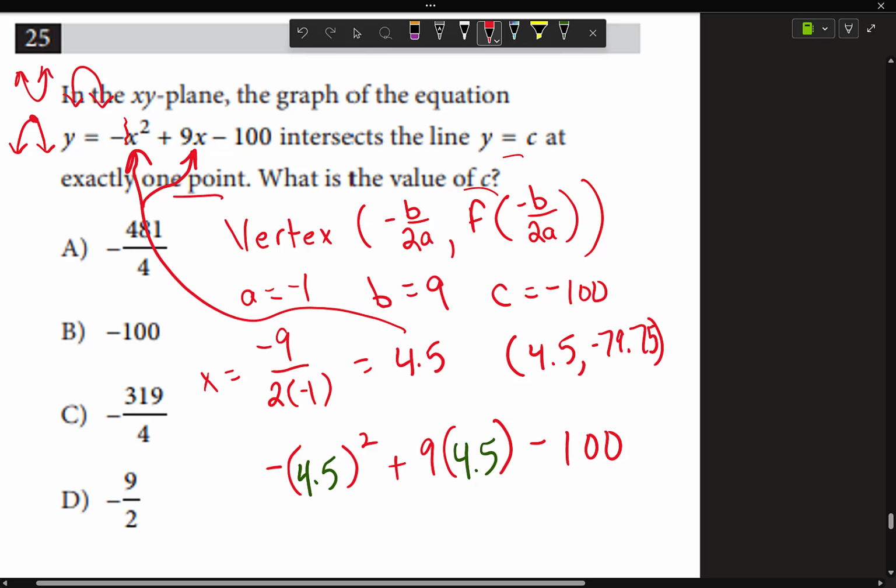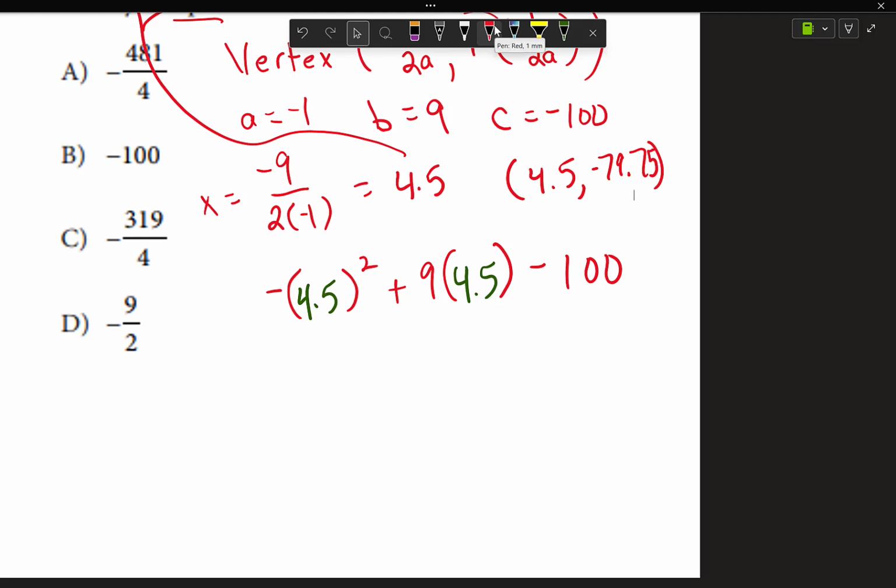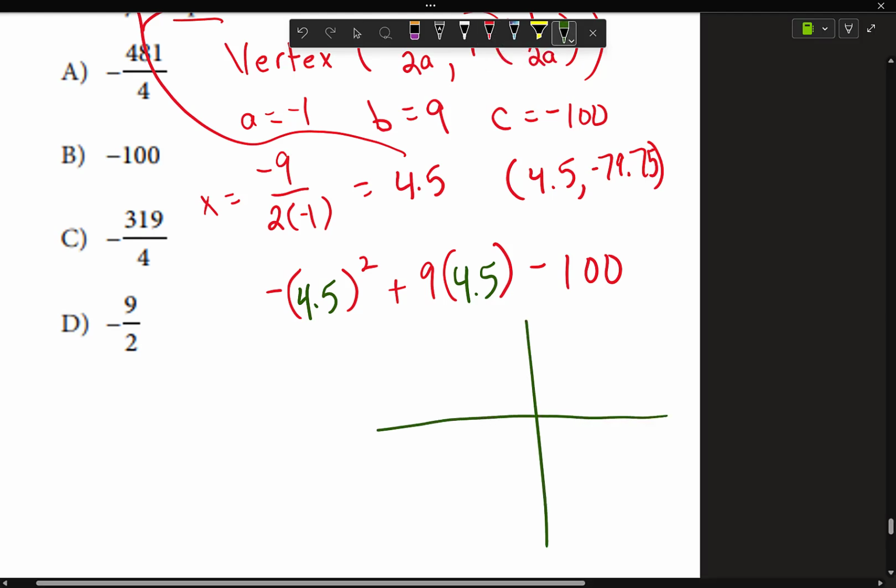And basically, what this tells me in this problem is that we've got a parabola. The vertex is at 4.5, and it's way down here. Remember, it's an upside down parabola. Way down here, almost at negative 80.